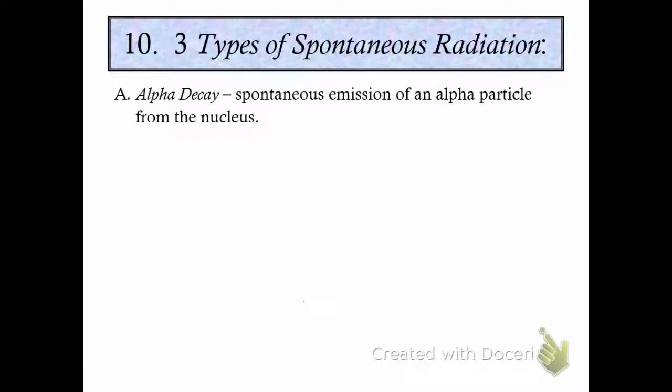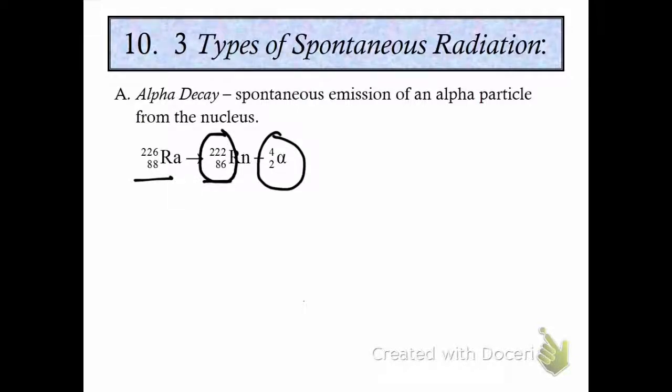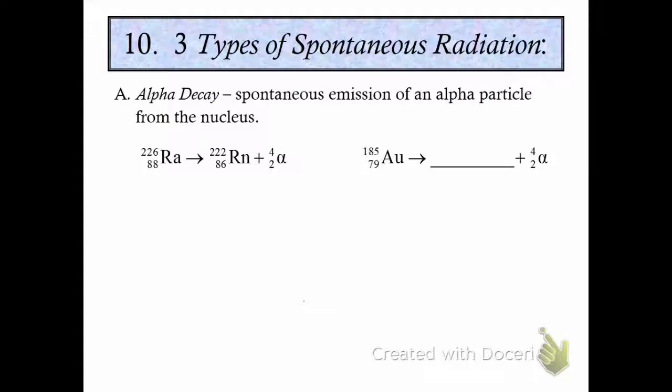So to summarize that, we've got alpha decay, which spontaneously emits an alpha particle. So in alpha decay, you're going to have the atomic number go down by 2 and the mass number go down by 4 with the alpha decay written after it. So here's an example. See if you can figure it out. We've got silver with a mass number of 185 and an atomic number of 79, and it's emitting an alpha particle.